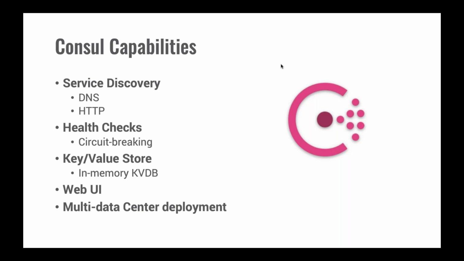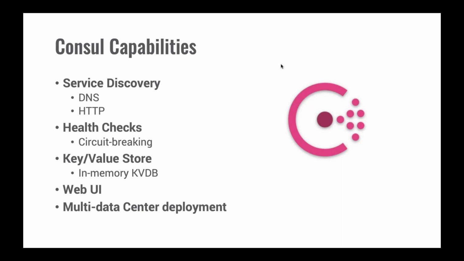But DNS is the most preferred, and it is a very natural mechanism of implementing service discovery. You can also do health checks. So every service is automatically tracked for its health, and you can extend this to implement a pattern called circuit breaking, which will avoid unwanted results in production.